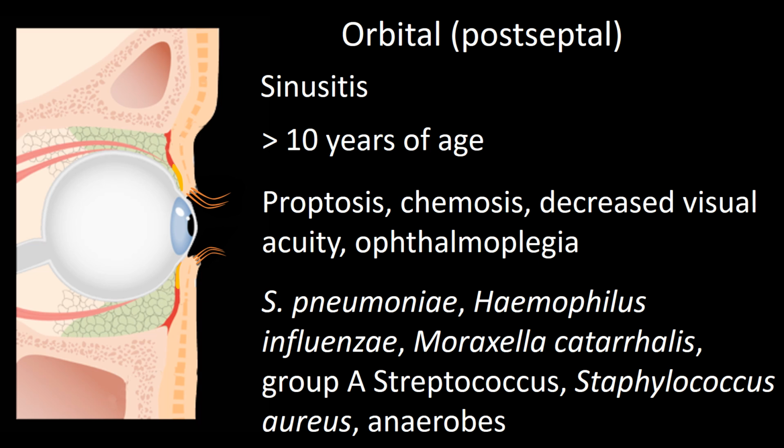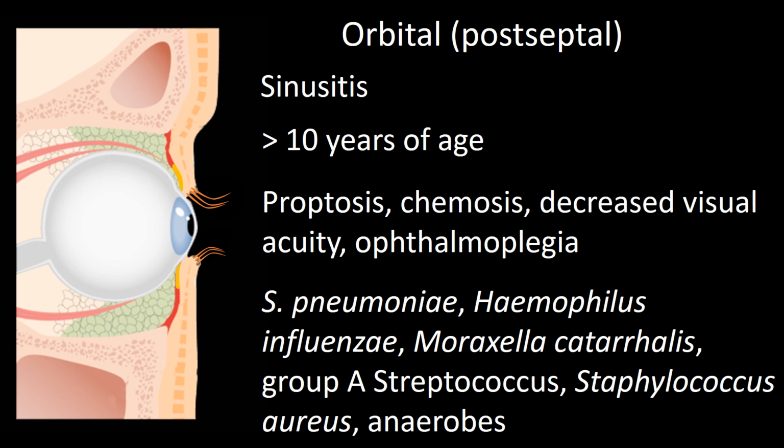Patients tend to be older, usually more than 10 years of age, but may occur in younger patients after sinusitis is developed. They present with proptosis, chemosis, decreased visual acuity, and ophthalmoplegia. These findings, especially proptosis, indicate intraorbital pathology.